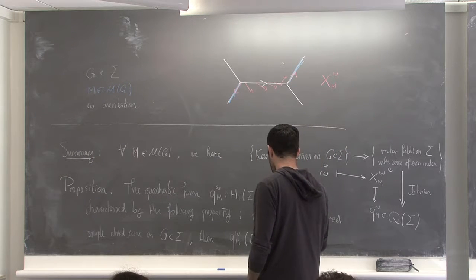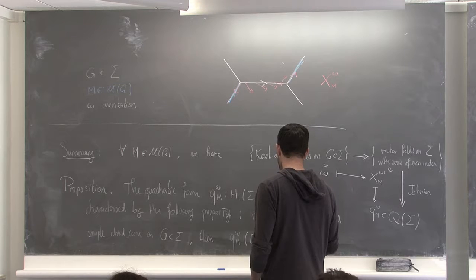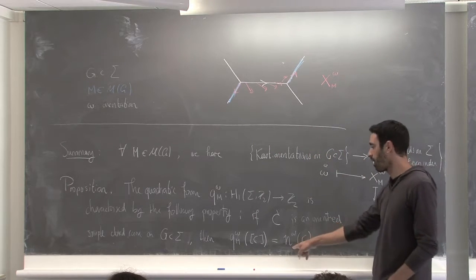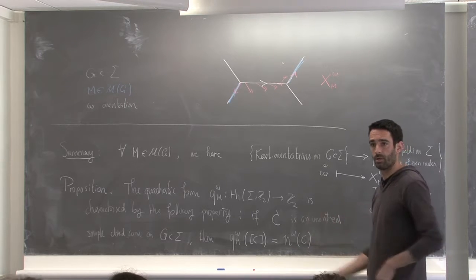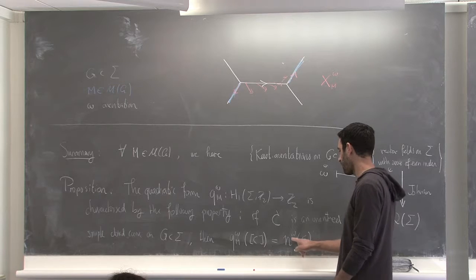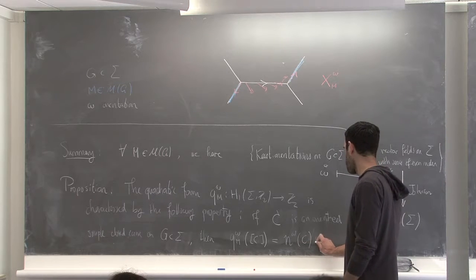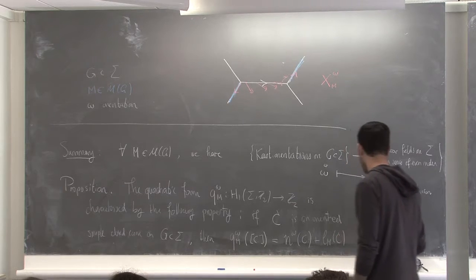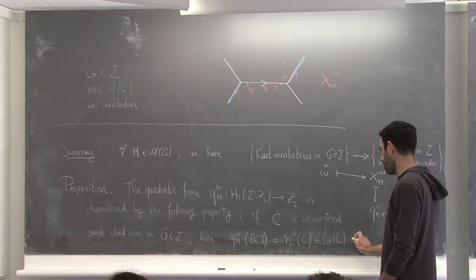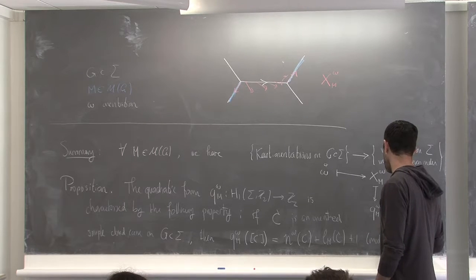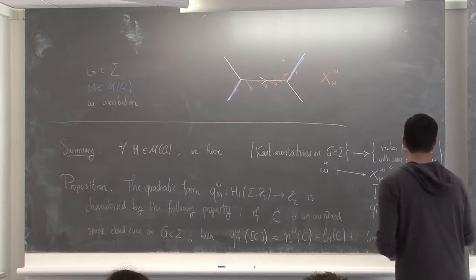Well, it's very simple. It's n omega of C. Remember, C is oriented. It makes sense to count the number of times the orientation on C does not coincide with the orientation omega, plus something which I will explicit in one second, Lm of C plus 1 modulo 2. Where, so I continue here.